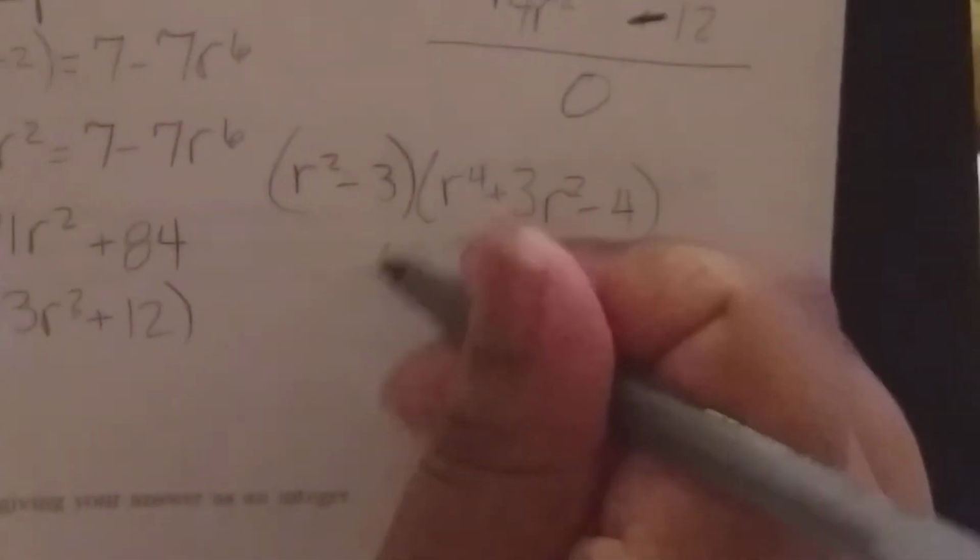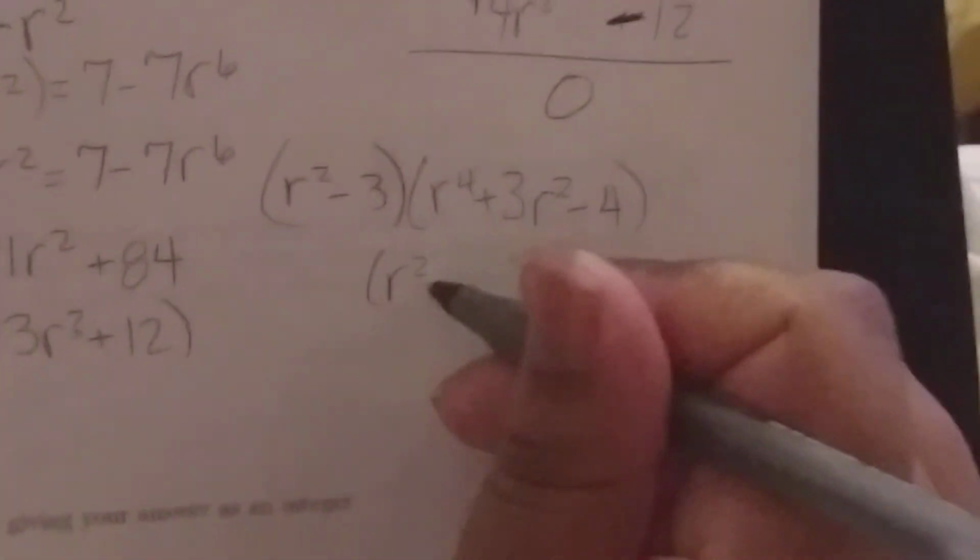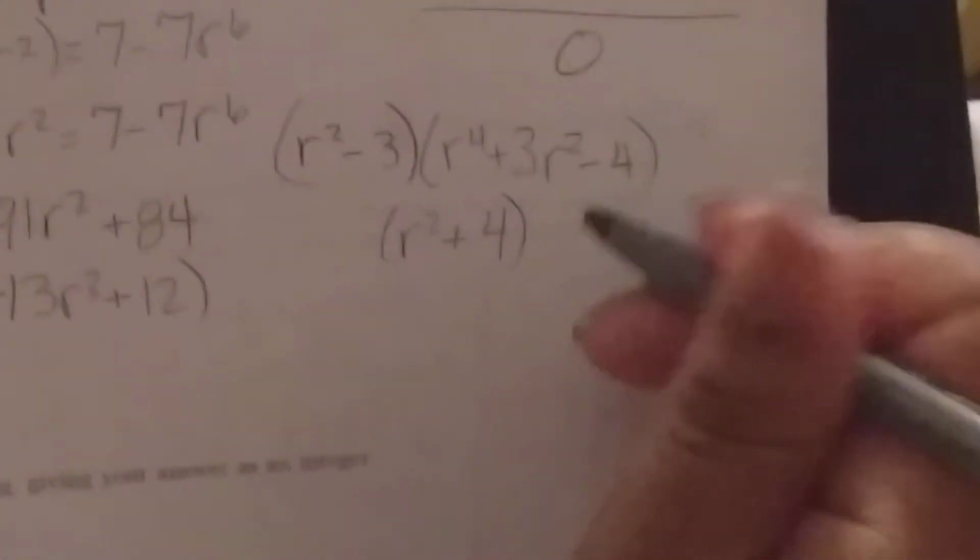Okay, so therefore, since we have a remainder of 0, we know that r squared minus 3 is a factor. And the factor is r squared minus 3, parentheses. If I factor r to the power of 4 plus 3r squared minus 4, I can factor that into r squared plus 4, and then r squared minus 1.